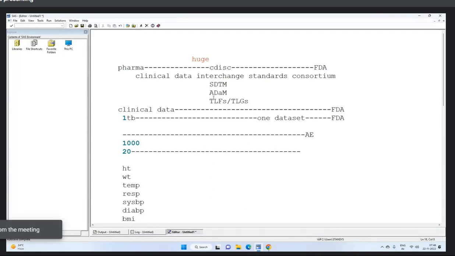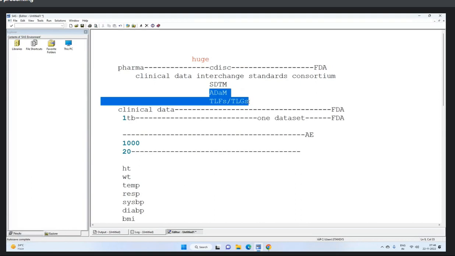Right now, there is a huge demand for ADaM, tables, listings, and graphs. So if you learn them properly, definitely you are going to get a chance to become a clinical SAS programmer. And this is in huge demand, and you get a better pay scale.